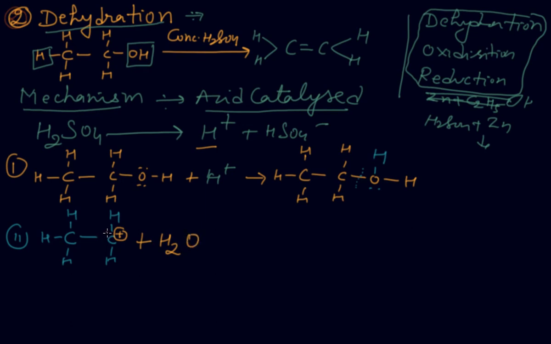So this carbon pulls the electron from the neighboring carbon, and that carbon can take the electron from this hydrogen, or might be from this hydrogen. And how the reaction completes: suppose this H has broken away, a double bond forms to make the valency of carbon 4, and the hydrogen which we took from H2SO4 is released back, and we get our product ethene.